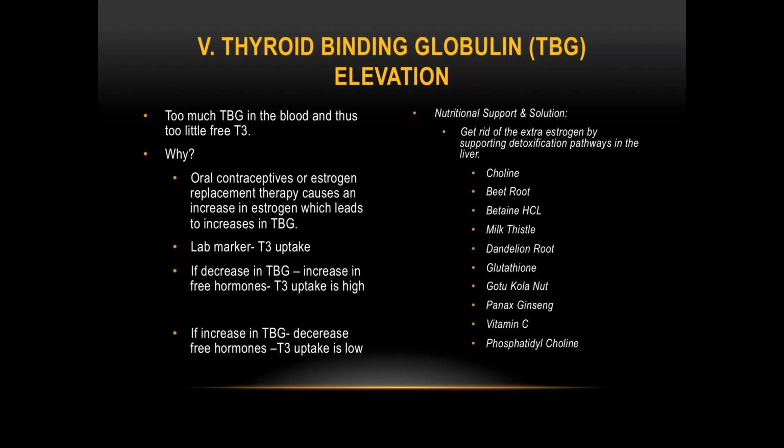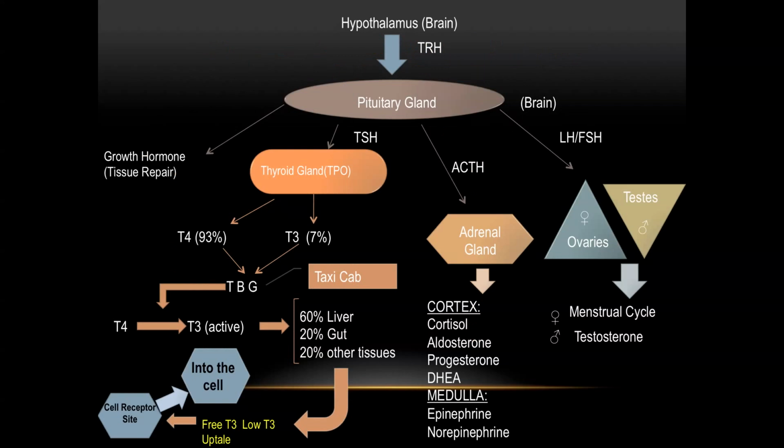Thyroid hormones hitch a ride through the bloodstream on thyroid-binding globulins. Since thyroid hormones in the blood bind to excess TBGs, not enough free hormone is available to enter the cells. Clearing the body of excess estrogen addresses hypothyroidism. So on labs, the free T3 will be low and the T3 uptake will be low.